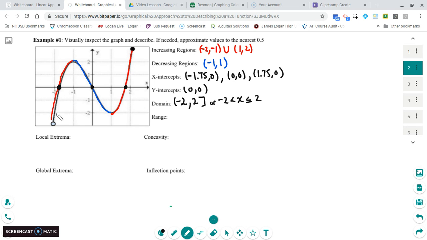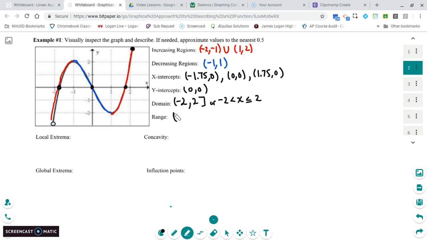All right, range. Range is the set of y values included in this function. We do have endpoints, and on the right, we have the highest point. It seems to end at about the lattice up here at 3. I'm just going to estimate that to be about 3. And the lowest it goes is this point, but it's not included in the range. So that's at about y equals -3.